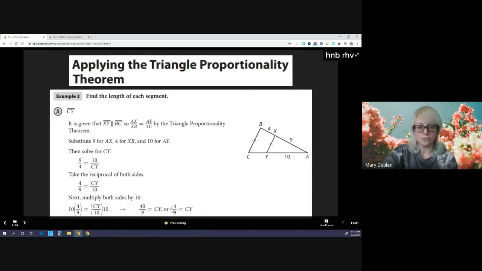And you should always check for reasonableness whenever you solve for a missing side length. So we figured out this is 4 4/9 right here. And that should make some sort of sense, okay? So if you look at the picture and you can see the segment across from it is 4, and then these are the shorter ones and these are longer. This is 9 and 10. So, I mean, it makes sense that this would be something right around 4.